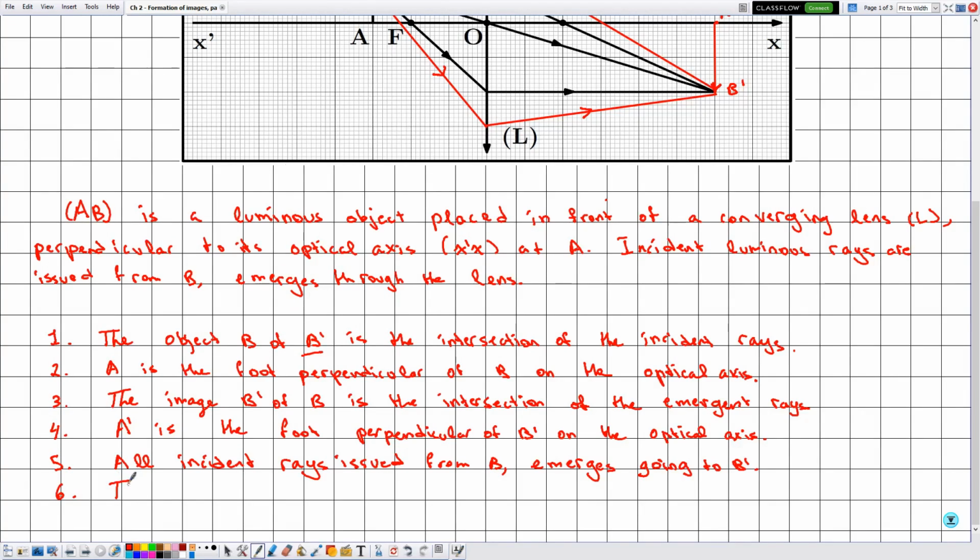The image A prime B prime is inverted with respect to the object AB.